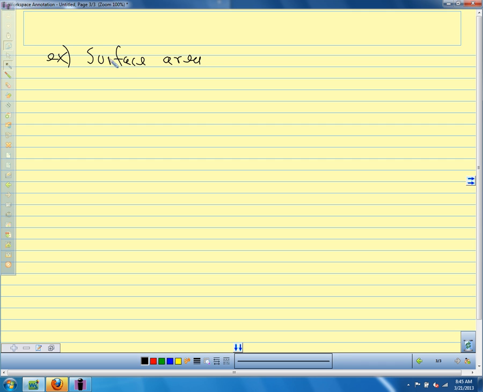All right. So we want to find the surface area of this surface and our boundary, our region in the xy plane.